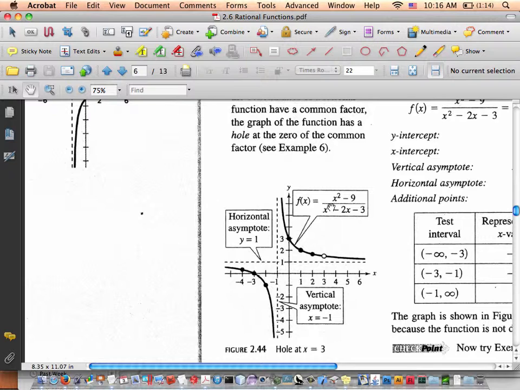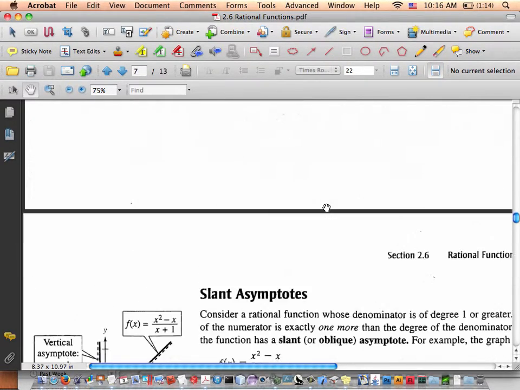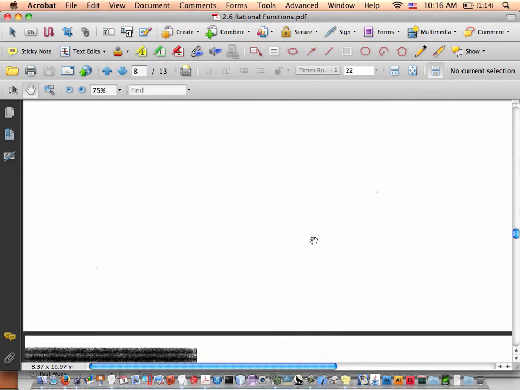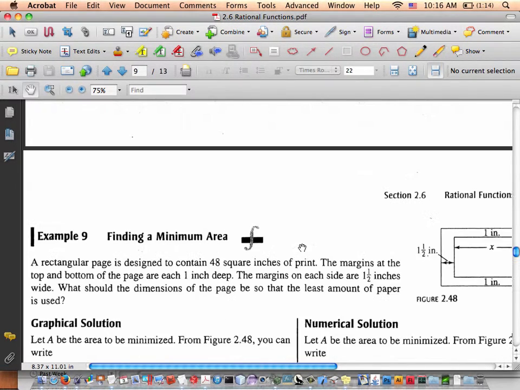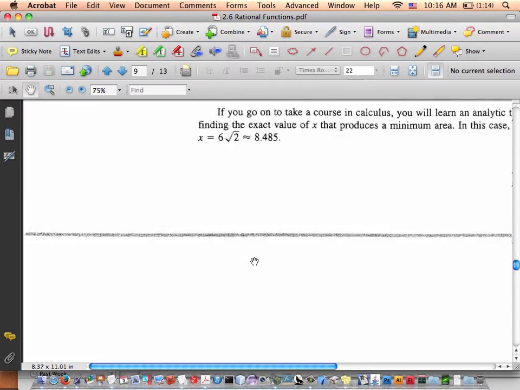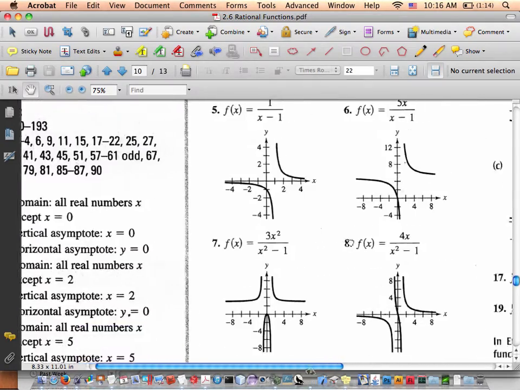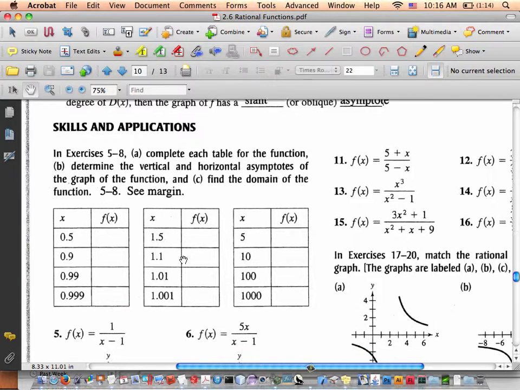Let's go to the homework real quick. We looked at the 5 through 8 section Thursday? Okay. So now let's see what it's asking us to do.